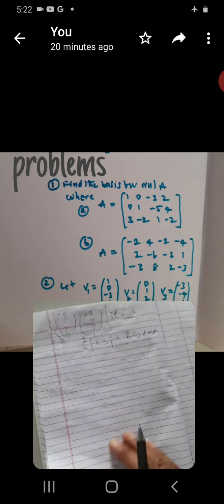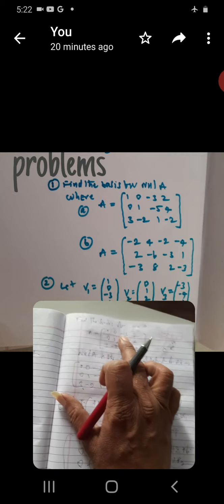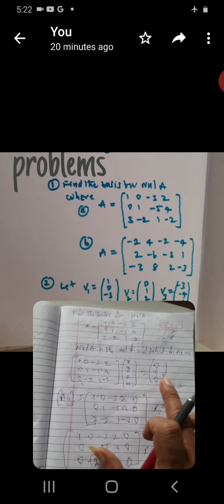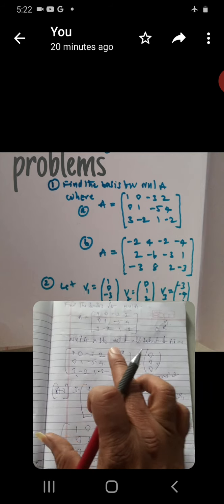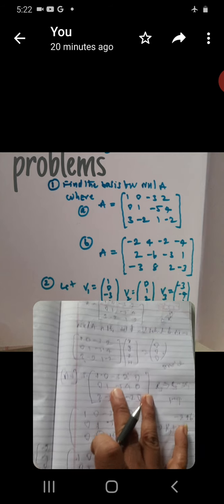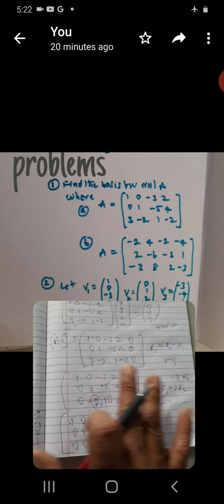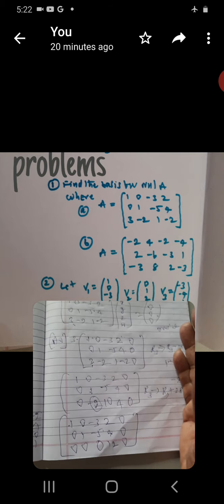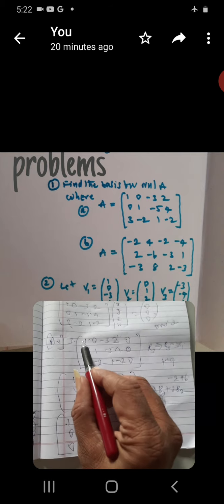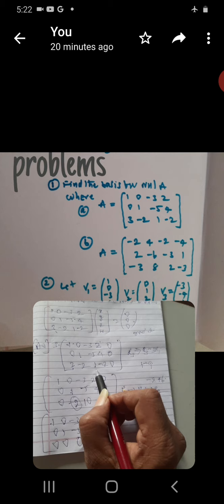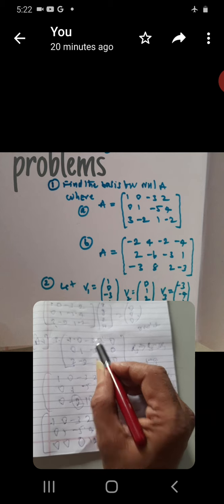Always, for a given matrix, you write the Ax is equal to 0 form, write the augmented matrix, and apply row and column operations to convert it into the equivalent form. Equivalent form means 1 here, and above it is 0.